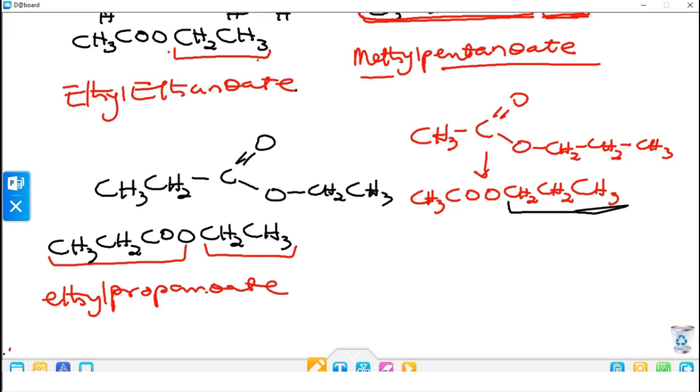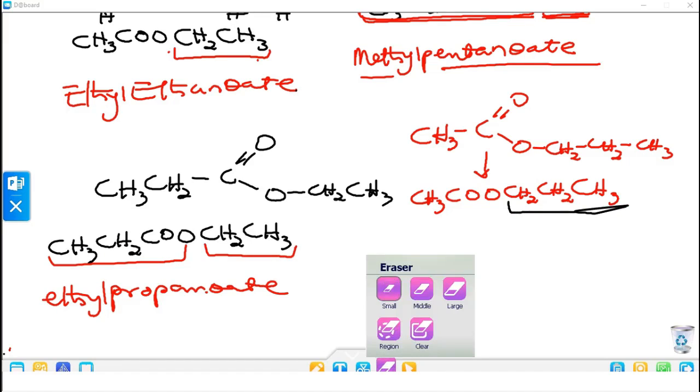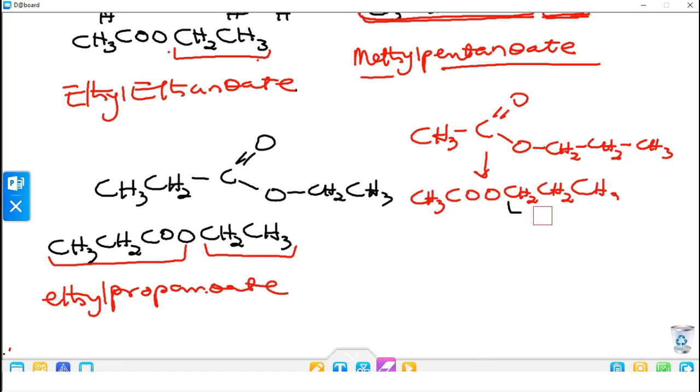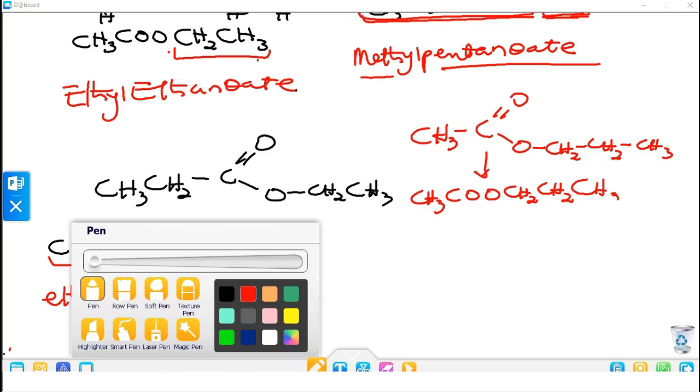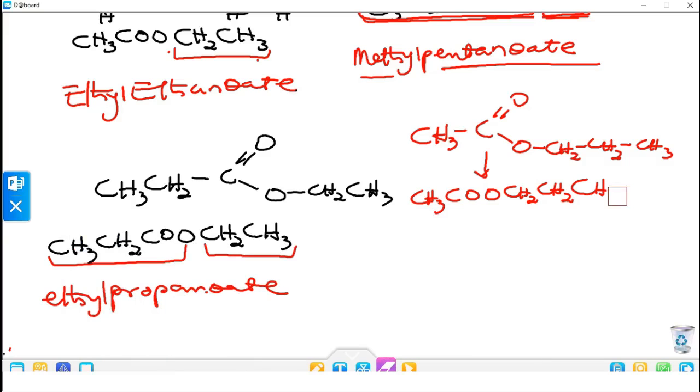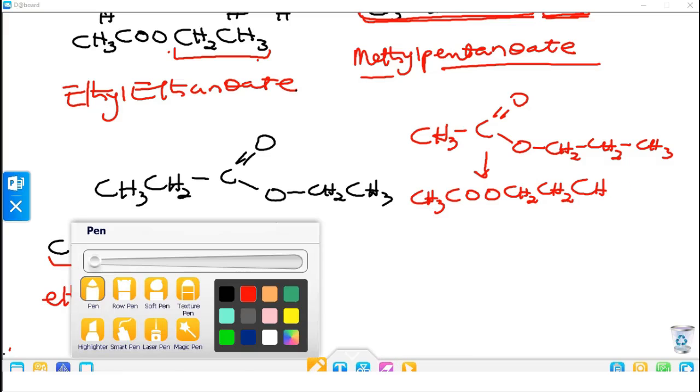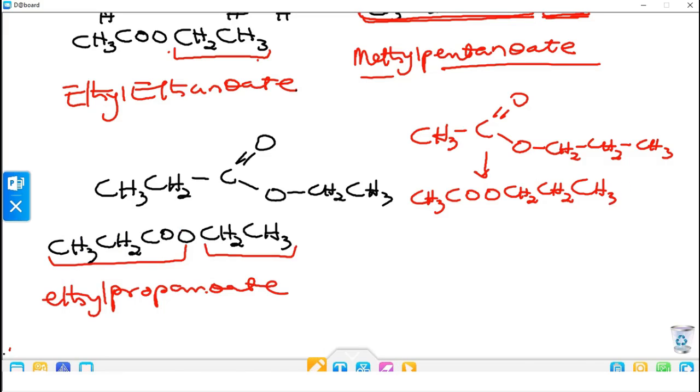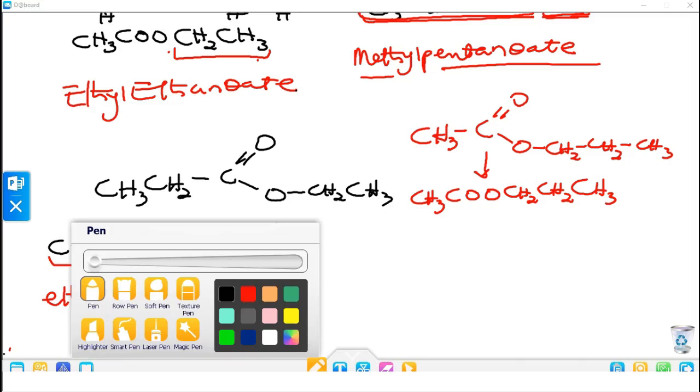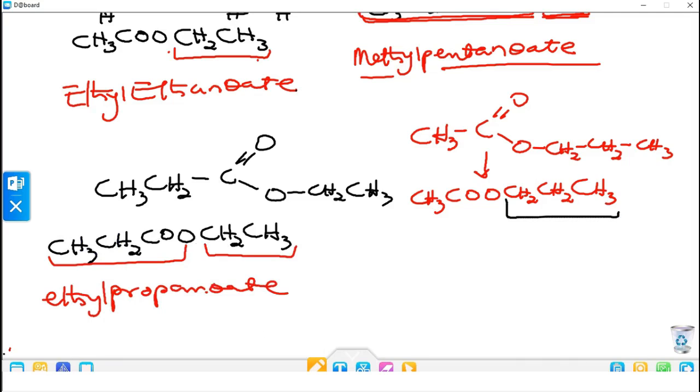So we have 3. There are 3 carbon atoms after COO. So that automatically becomes propyl.